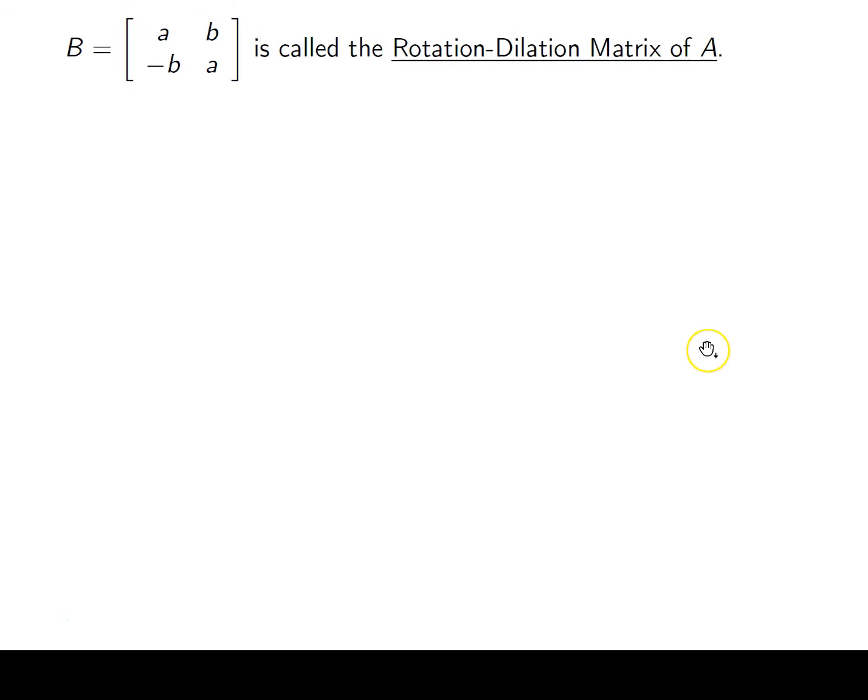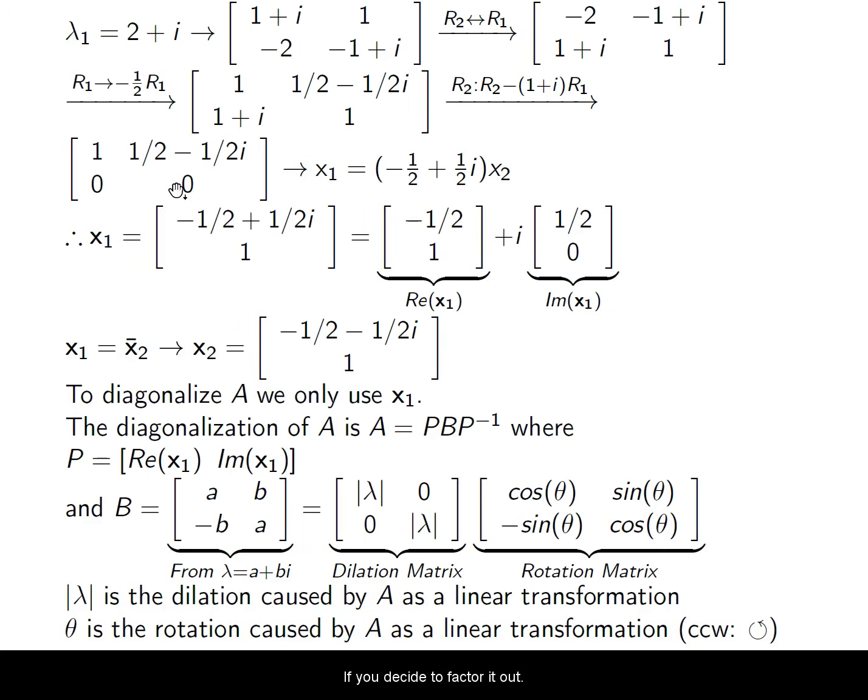Okay. So this matrix B is called the rotation dilation matrix of A, because this single matrix, if you decide to factor it out, will tell you the dilation and it will tell you the rotation.